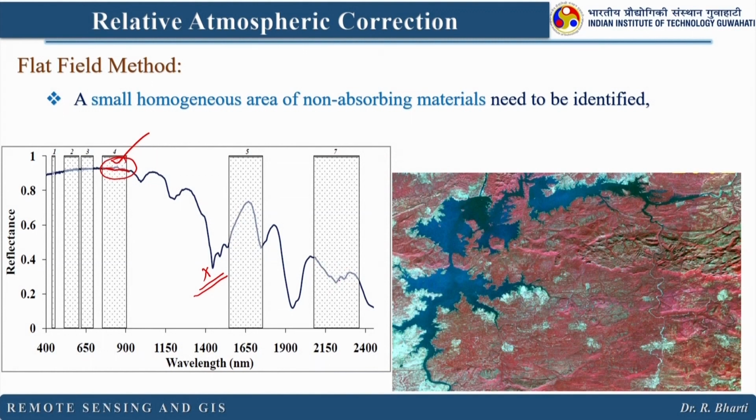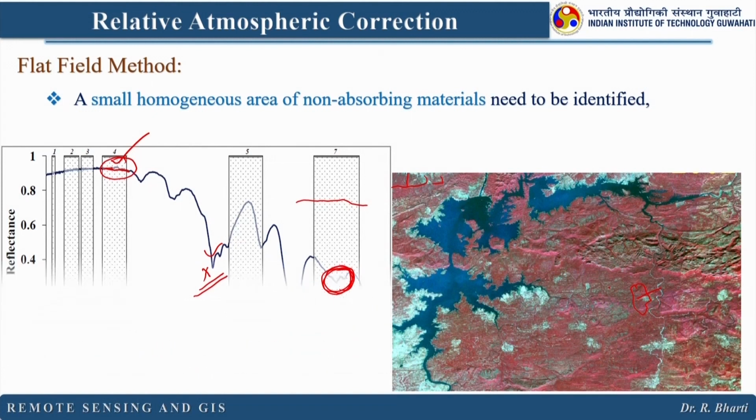You can use this material's location and pixels, calculate the average value, and divide the whole image by it, but for that particular band only. The same material cannot be used in another band where it has some absorption feature, so you need to find another target with a flat response in that band.